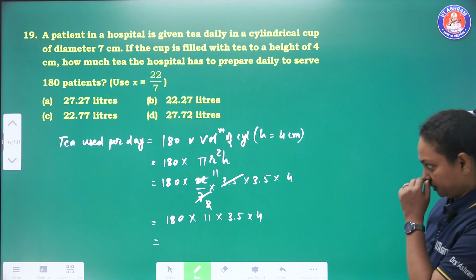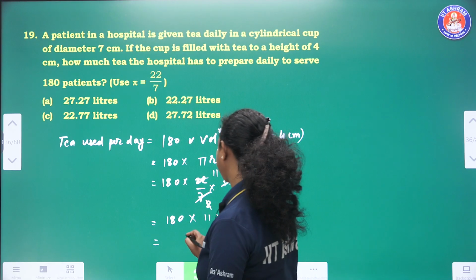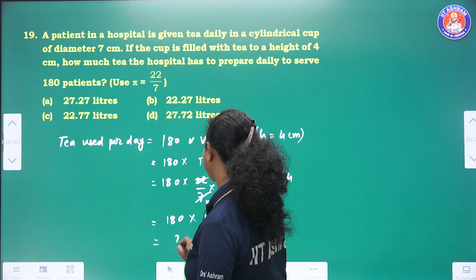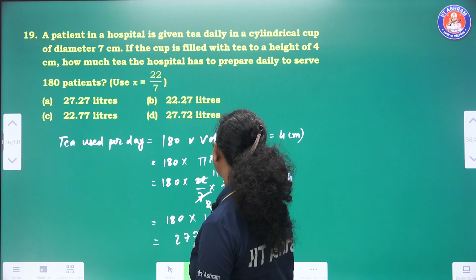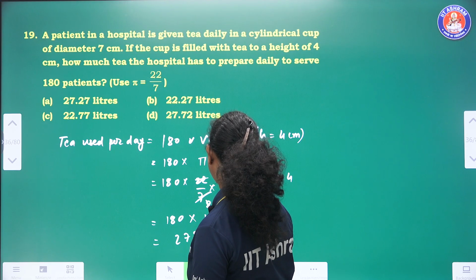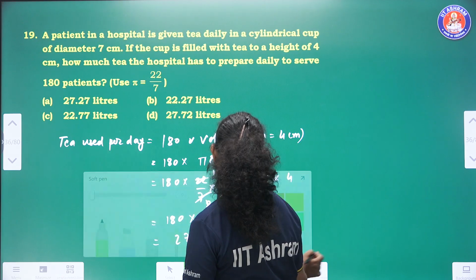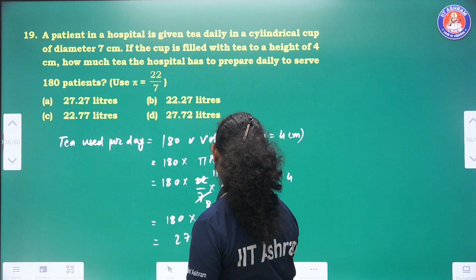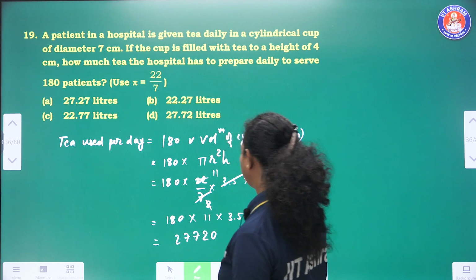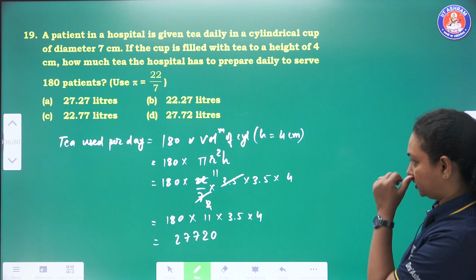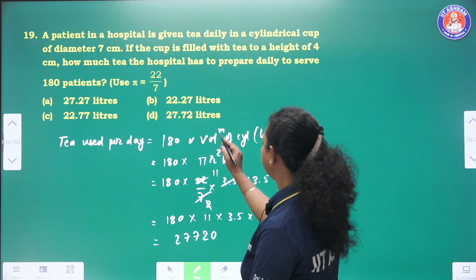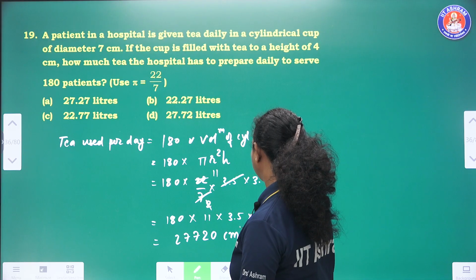So how much is it? It is 27720, and what is its unit? Centimeter cube.